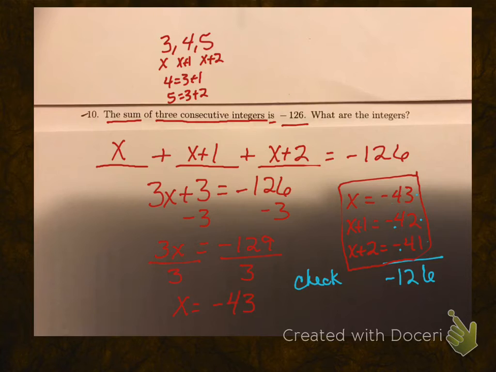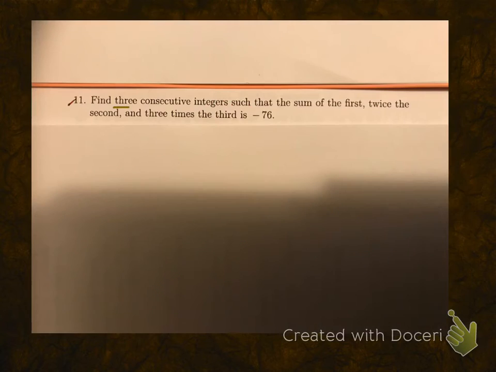Alright. Next. 3 consecutive integers. 1, 2, 3. Okay. We know the first one is x. Then we have x plus 1 is the second one. And x plus 2 is our third integer.